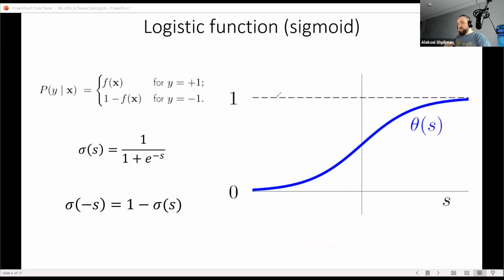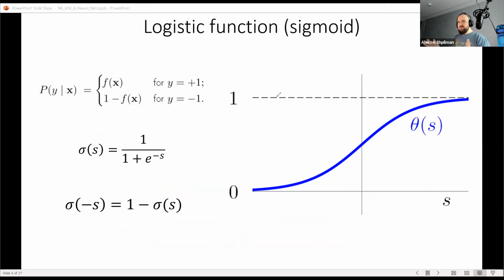And the solution, well, first we need something more suitable for training than just a threshold function. And the second is we need to know how to train the whole multi-layer neural network instead of just a one layer neural network. And let's talk first about the new function.